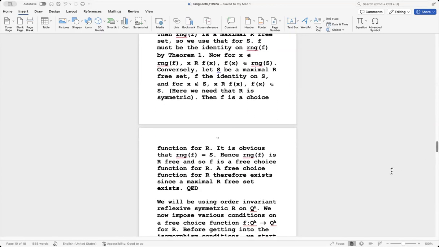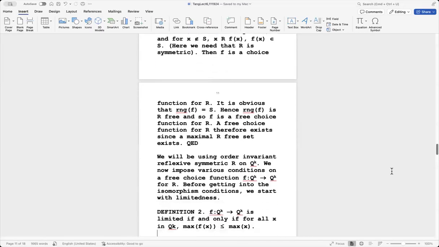So let F be a choice function for R. It's obvious that the range of F is S. Hence, the range of F is R free, and so F is a free choice function for R. A free choice function for R exists because you can always get a maximal R free set by Zorn, or by a sequential greedy argument if it's in the countable case. So we'll be exclusively using order invariant reflexive symmetric relations.